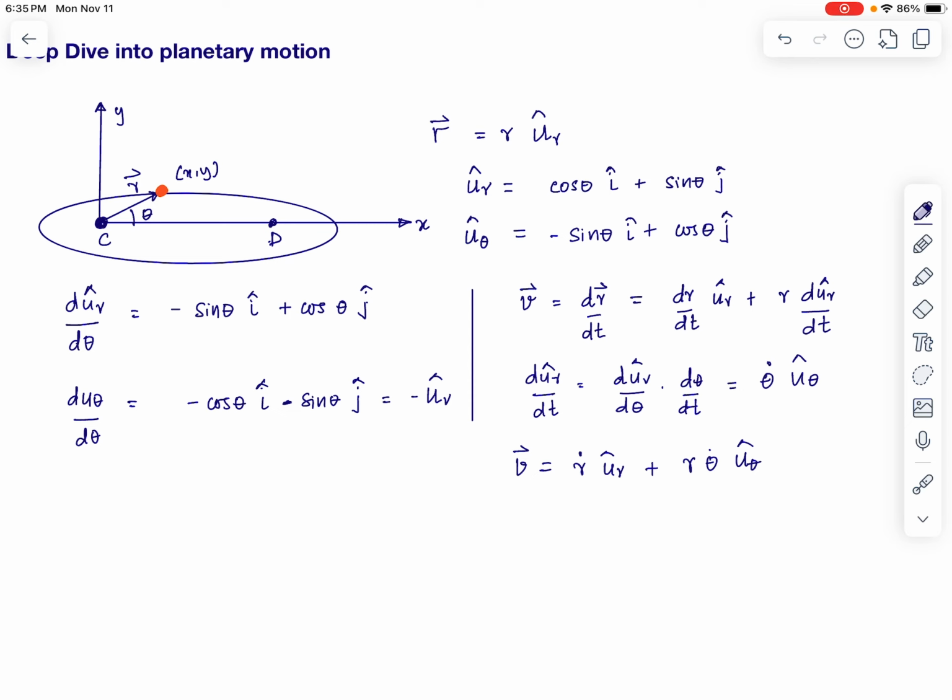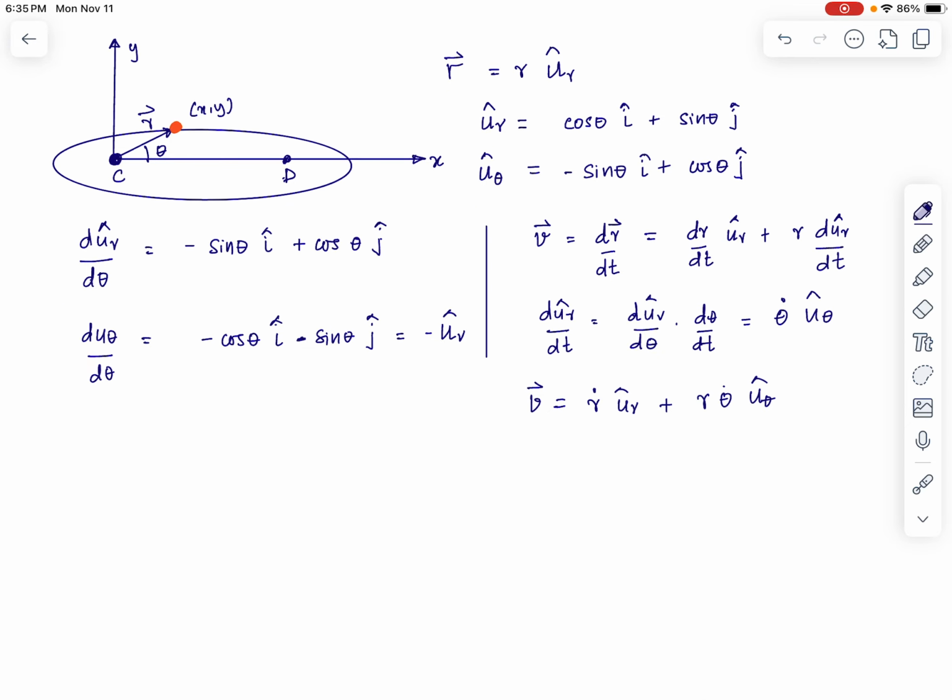So now let's find the acceleration in polar coordinates.